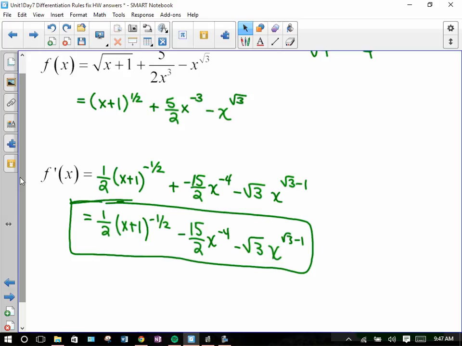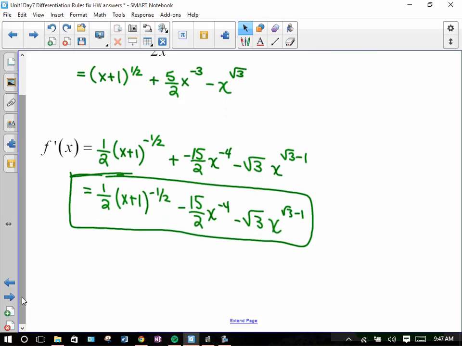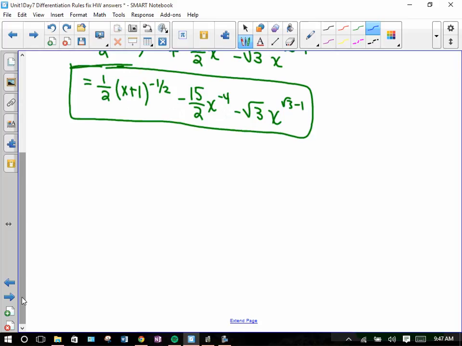Alright. Again, eventually we'll talk about how to simplify that. Typically, we don't like negative exponents. So, just so that you can see what it looks like. First of all, I said we don't like negative exponents. So this is x plus 1 to the negative 1/2. We move that down to the bottom, so it will be equal to 1 over 2 times x plus 1 to the 1/2.